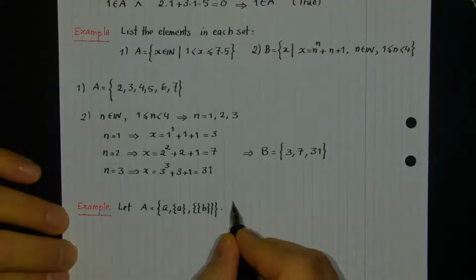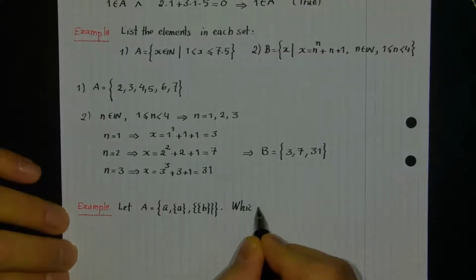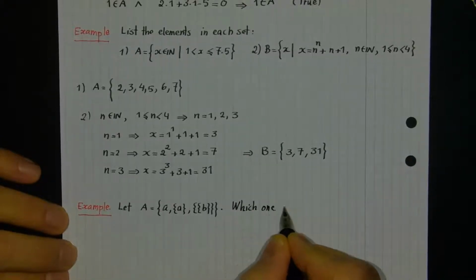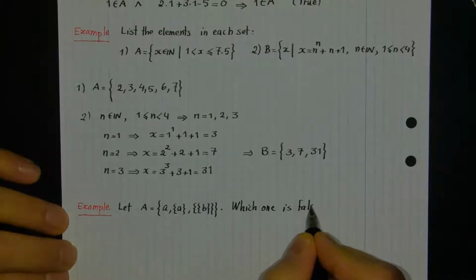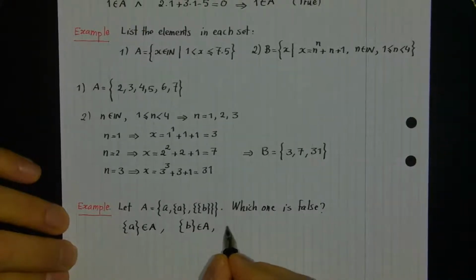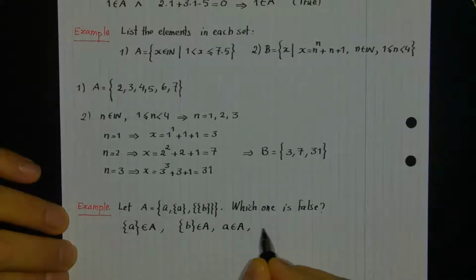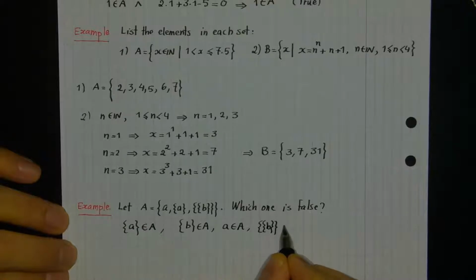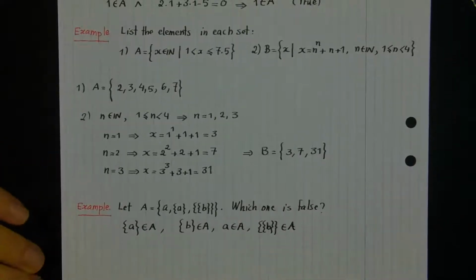Which one is false? Okay, so one statement tells you this, another statement tells you this, and then this one, and then this one. Okay, now let me ask you this question.